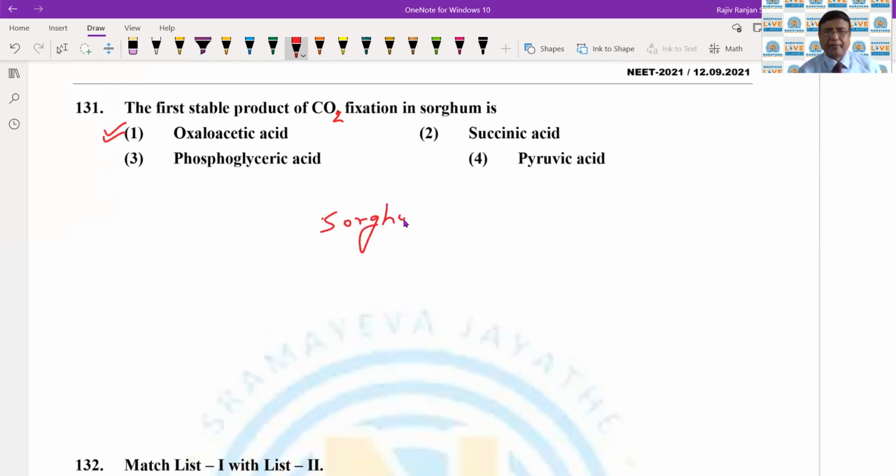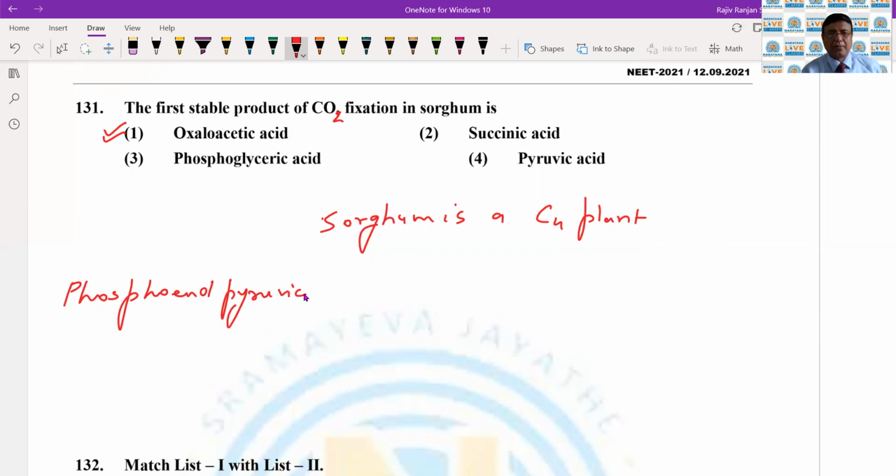Sorghum is a C4 plant. And we know that the first stable product of the primary fixation of carbon dioxide in the C4 plant is the oxaloacetic acid. So here, phosphoenol pyruvic acid, that is known as PEP, just combines with the carbon dioxide and water.